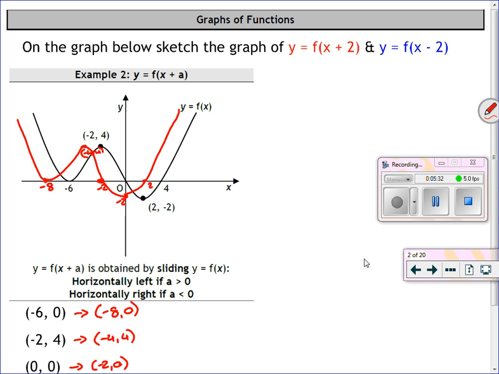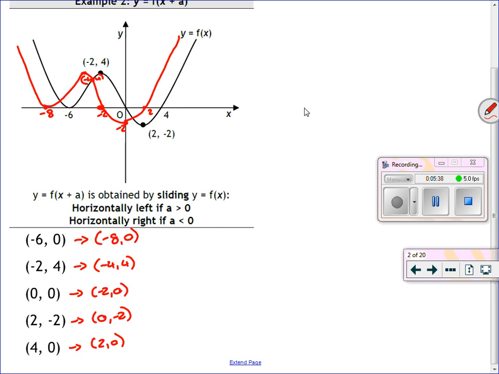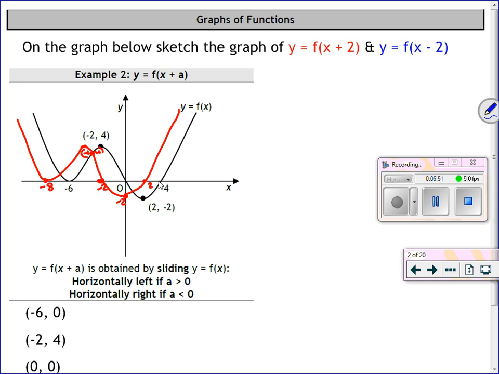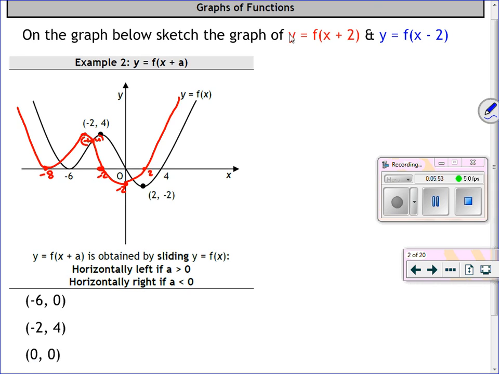Now we're going to look at the graph of y is equal to f of x minus 2. So this graph I will do in blue. So remember, when the number is inside the bracket, it affects the x and it does the opposite of what we think. Okay, so start with the coordinates. When it affects the x, keep the y the same but do the opposite. So minus 6, we add 2 to that, so it becomes minus 4, 0.